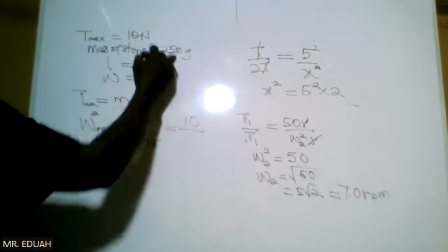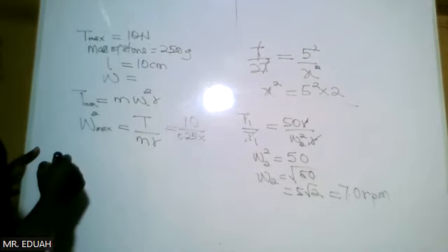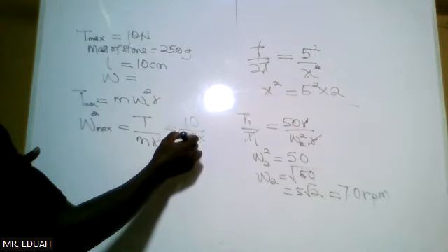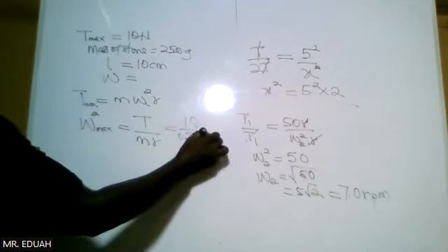So 0.25, times the radius, which is equal to the length of the string. So this will also be 0.1.